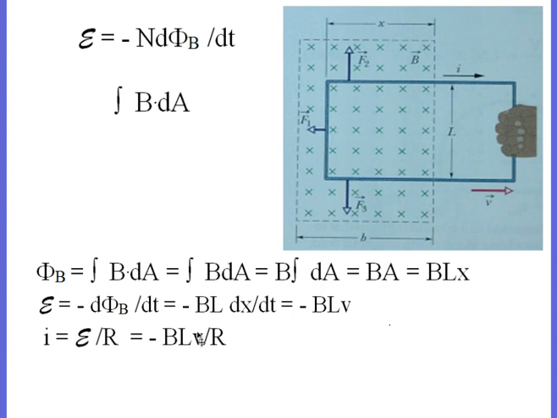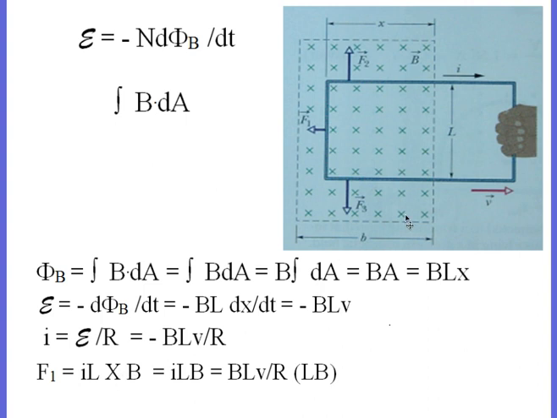The current would be a matter of taking the EMF that's being generated by that changing flux and dividing it by the resistance of the loop. So I can take this quantity and put it over R. Then the force is going to be this cross product of the current and the magnetic field.